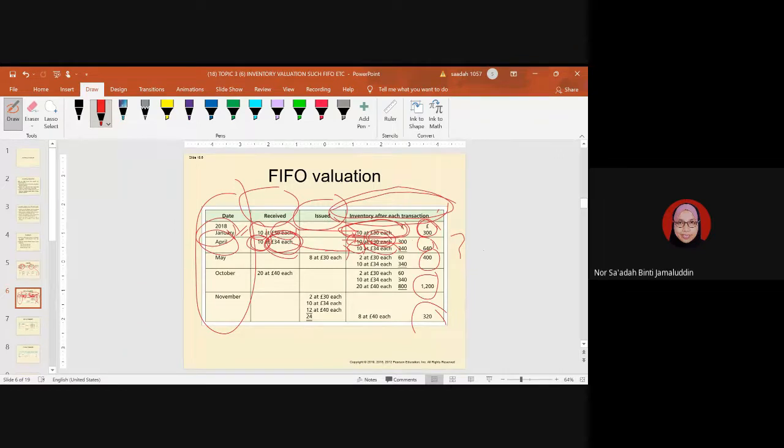So that total your January and total your amount of April, and then just put here your total amount.